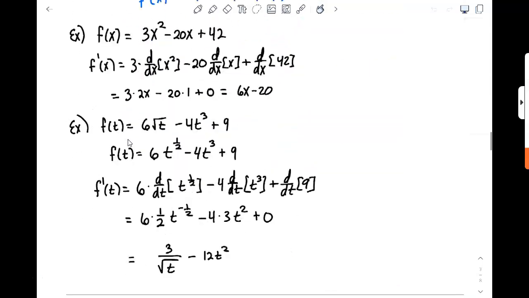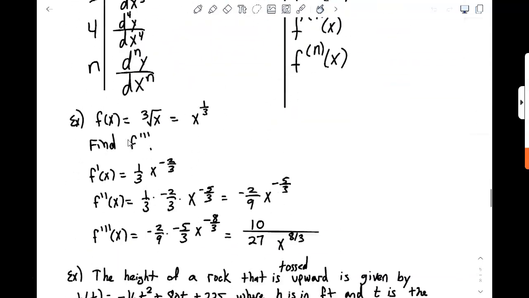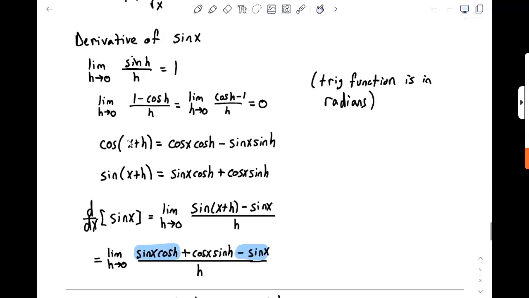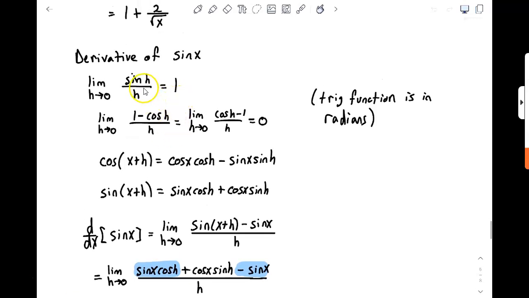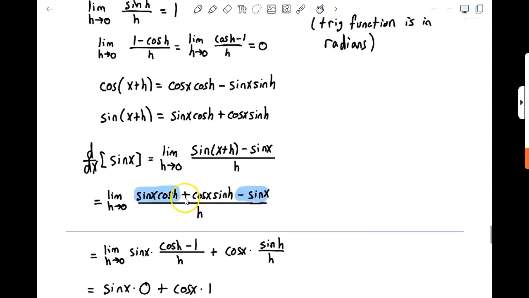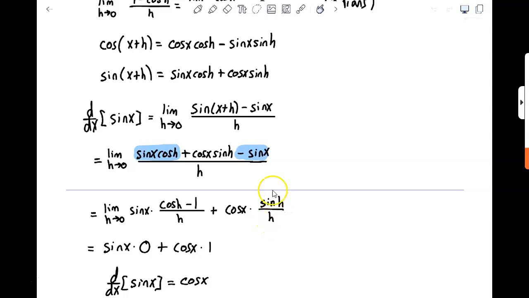All right, that when we do the derivative of sine using the limit definition, that we actually needed this limit, right? We needed to know this limit. We also needed to know the other one, cosine h minus 1 over h. All right, we need to be able to compute those limits so we can talk about the derivative of sine.